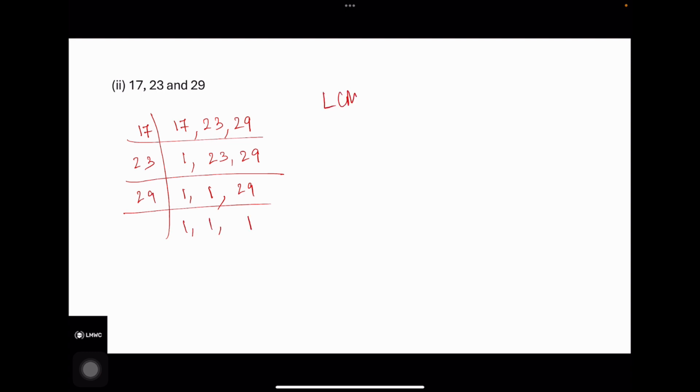So our LCM is equal to 17 times 23 times 29, which is 11,339. For the HCF, since we have not seen a common factor of these three numbers, only 1 will be your answer. Whenever you see a situation like this where you do not find a common factor, you will directly choose the number 1 as your HCF.